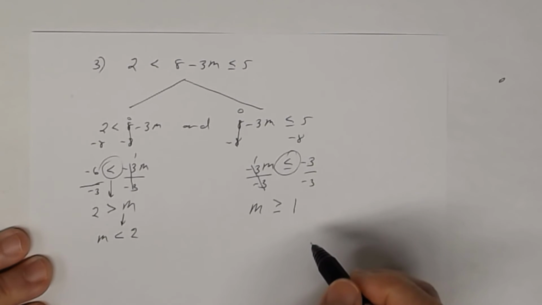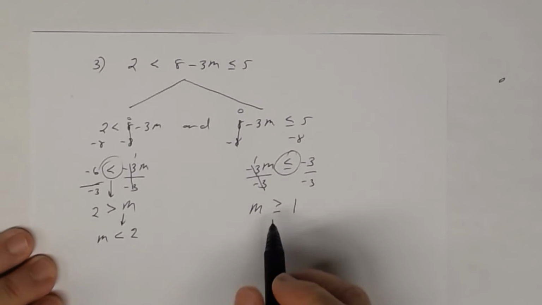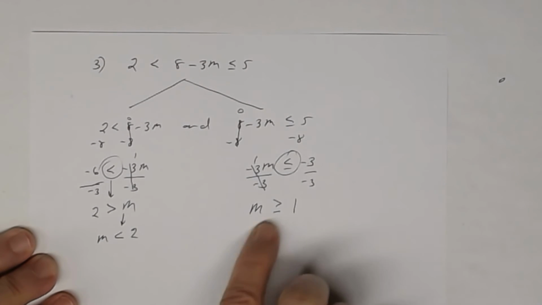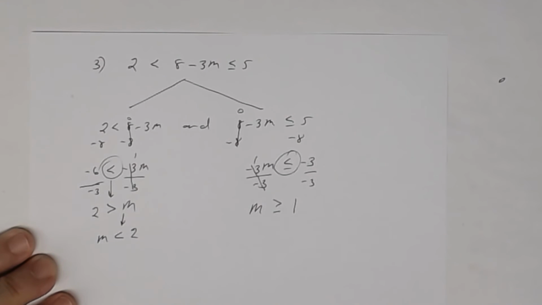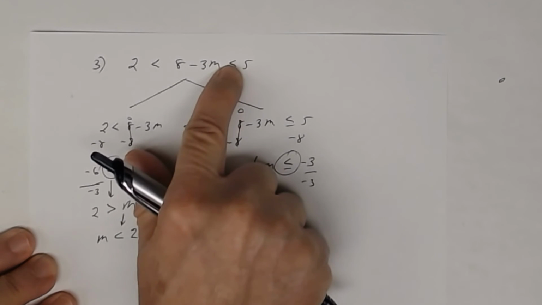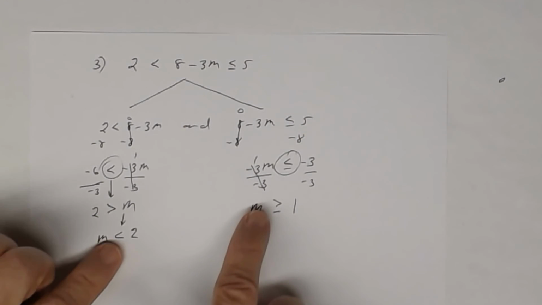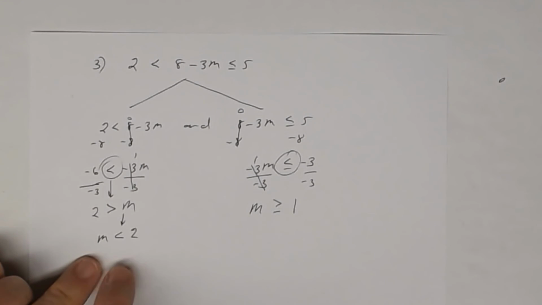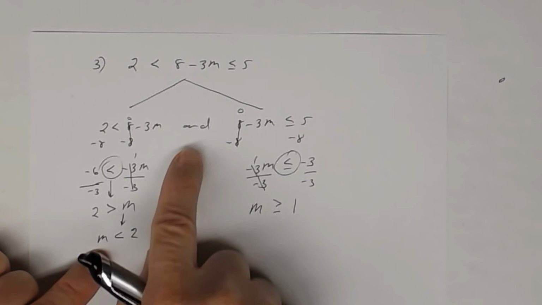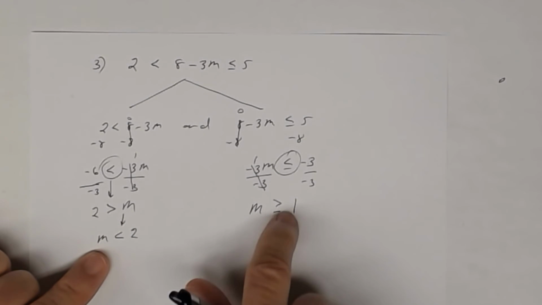Okay? And so now I found the solution to this simple inequality, which is this. So any number greater than or equal to 1 is a solution to this. So we got to find, though, the solution to the original. So the solution to the original would be any number less than 2, and at the same time must be greater than or equal to 1.